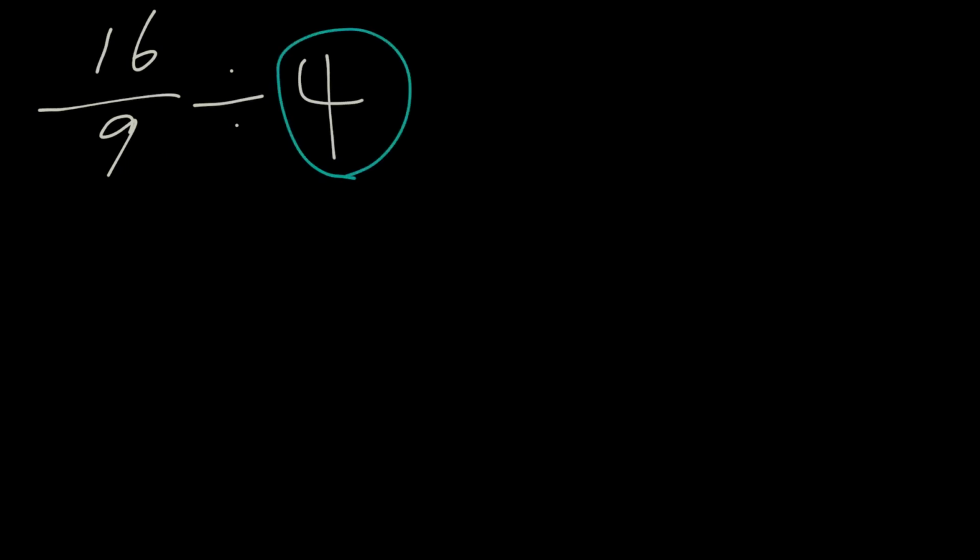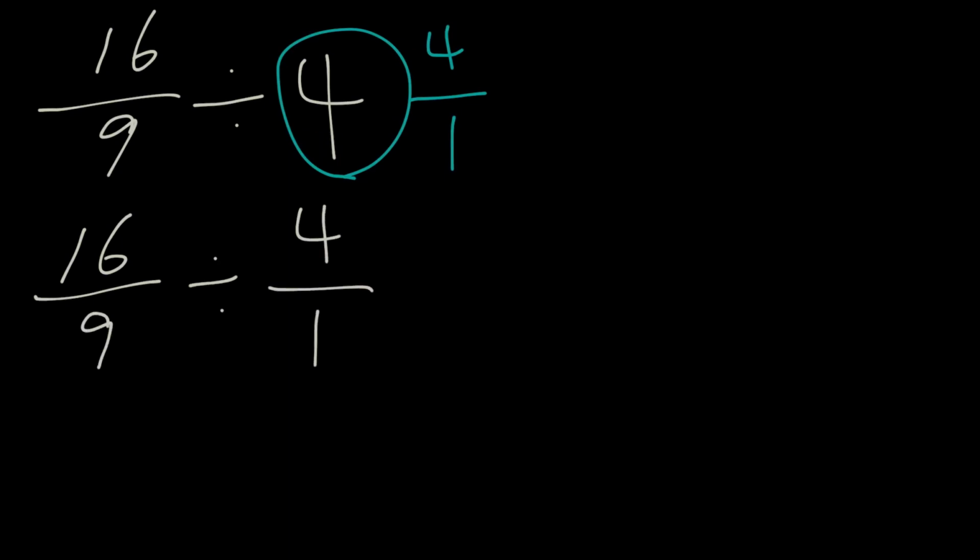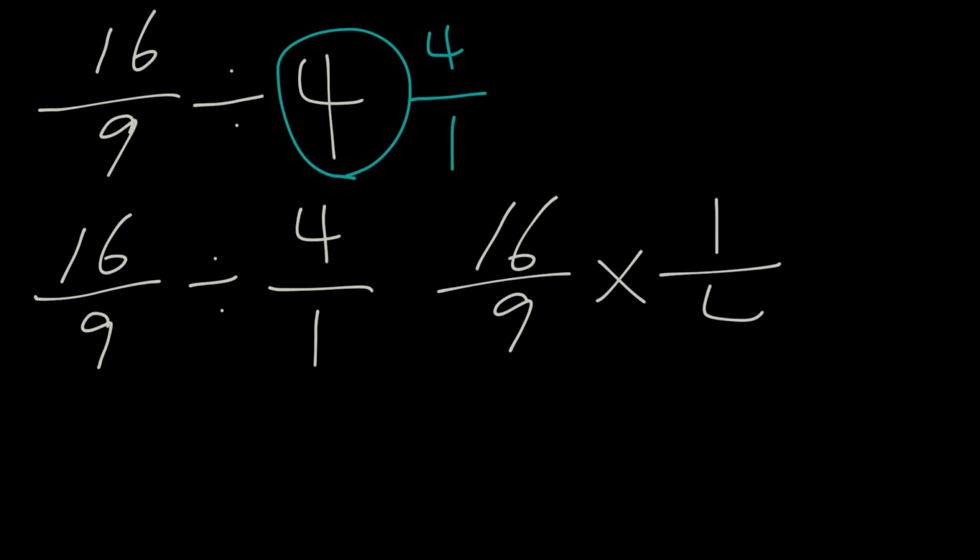Now, what if we are dividing a fraction by a whole number? In this example, we need to first convert the 4 to 4 over 1. Then the next step should be easy. And from here, we can see 4 and 4.